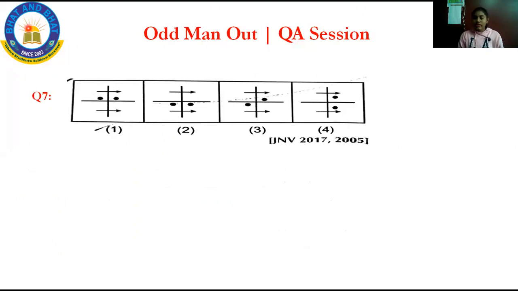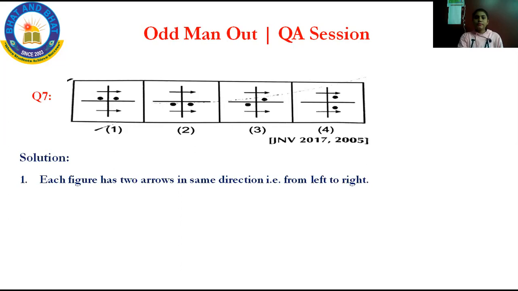In this question, let us start analyzing some arrows, some dots, some horizontal lines. See, my dear kids, I have written in the bracket GNV 2017 and 2006. What is this, ma'am? These are repeated questions, repeated in your Jawaharlal Nehru Vidyalaya exam, so you should give more concentration to repeated exam questions. This is already repeated. Now look at the question.